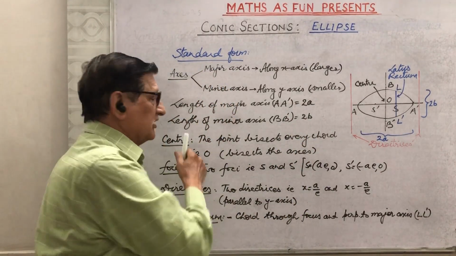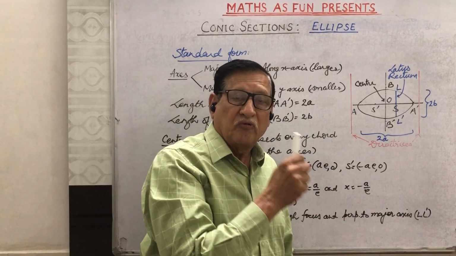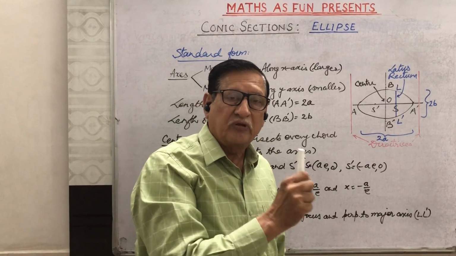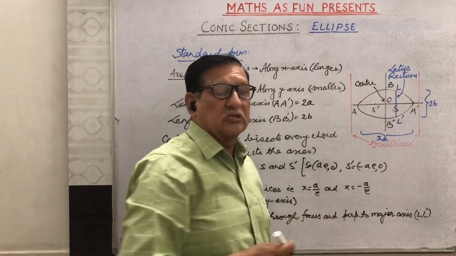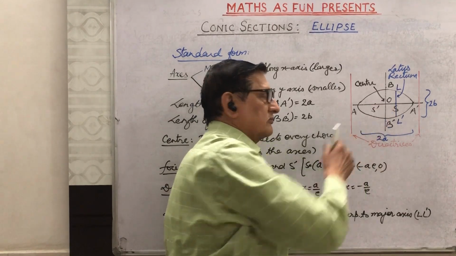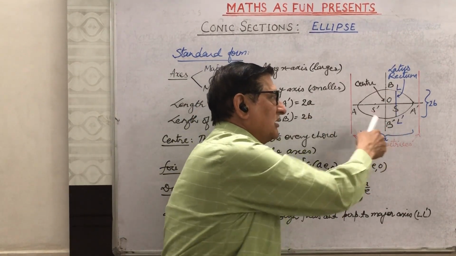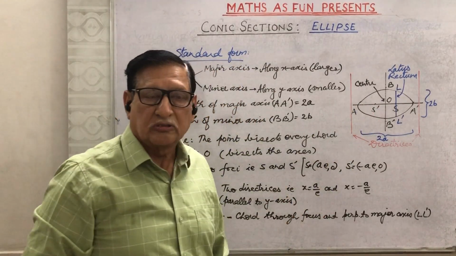What is the center of it? The center, for a conic section, is the point which bisects every chord of it. So here the origin is taken as the center, which bisects every chord of it, and hence it bisects the major axis and minor axis also. So the origin is the center here in this standard form.